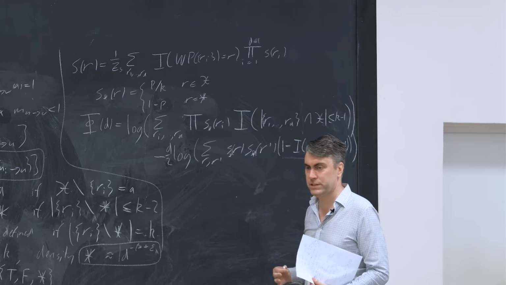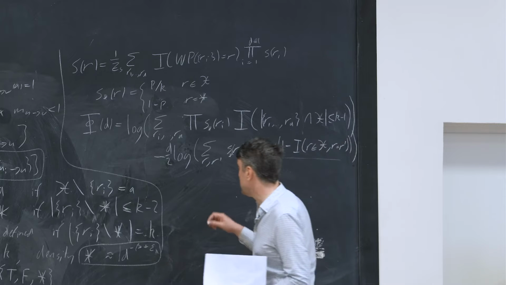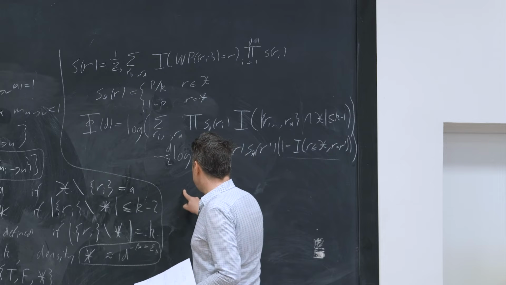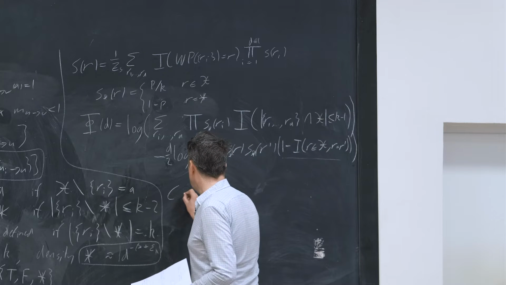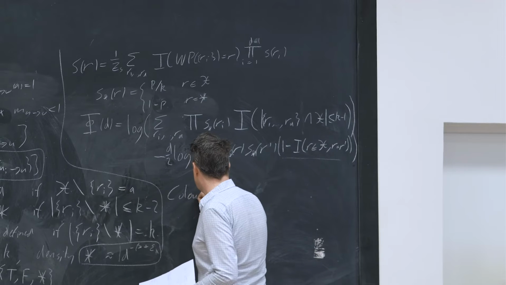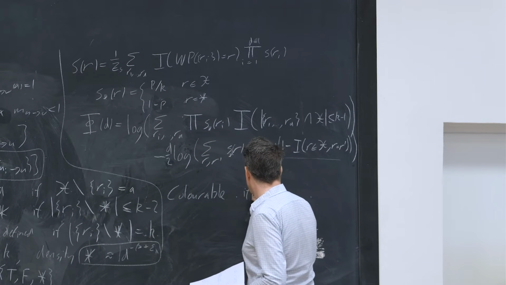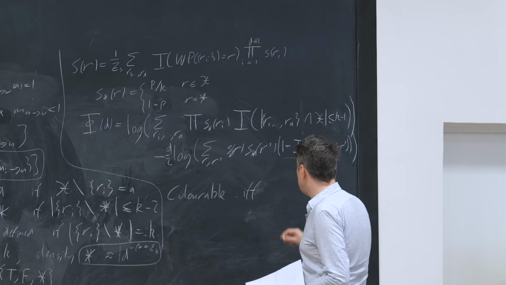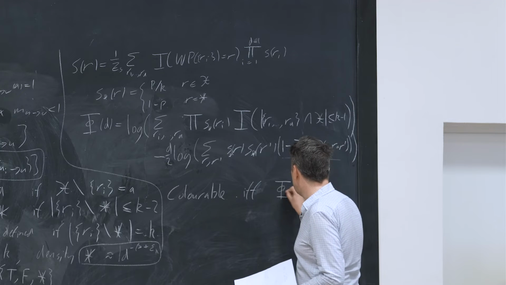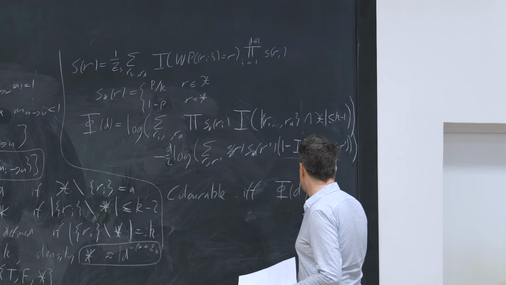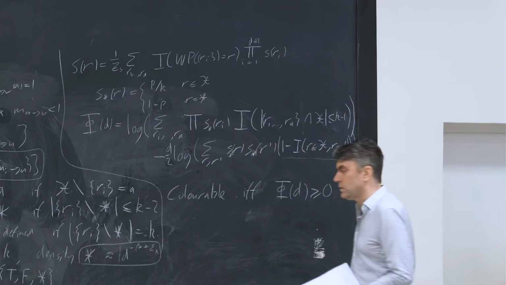So then the one RSB prediction for the colorability threshold. So it should be colorable if and only if phi of D is greater than or equal to 0.